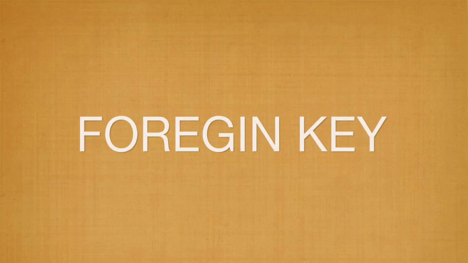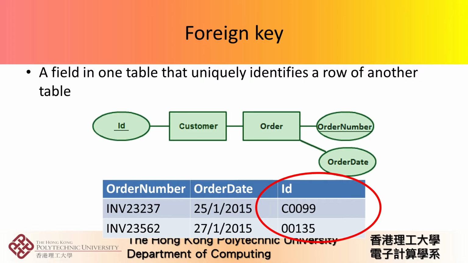Foreign key is a field in one table that uniquely identifies a row of another table. For example, in the table recording the details of the order, the ID of the customer is the foreign key of this table.